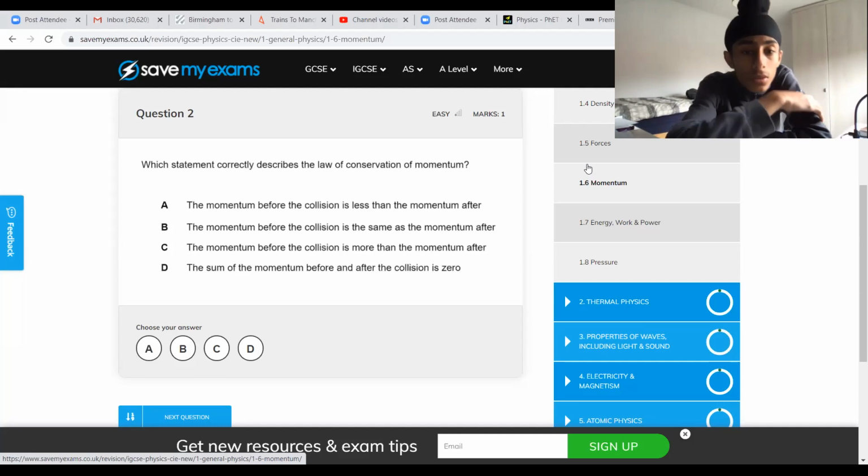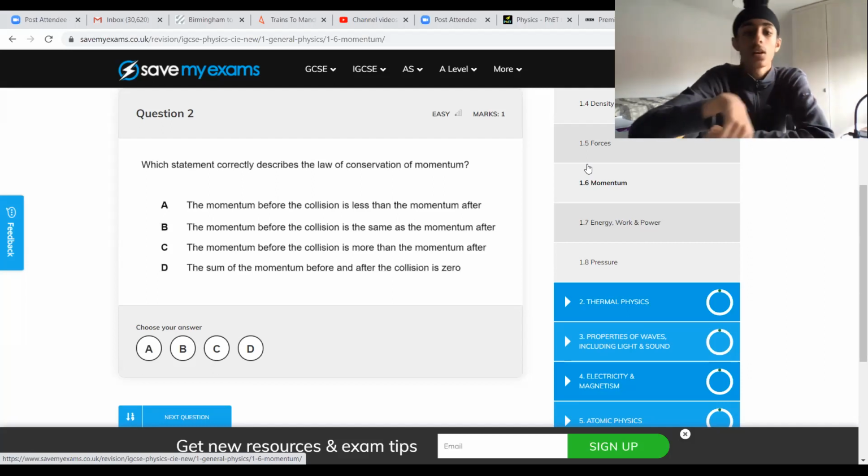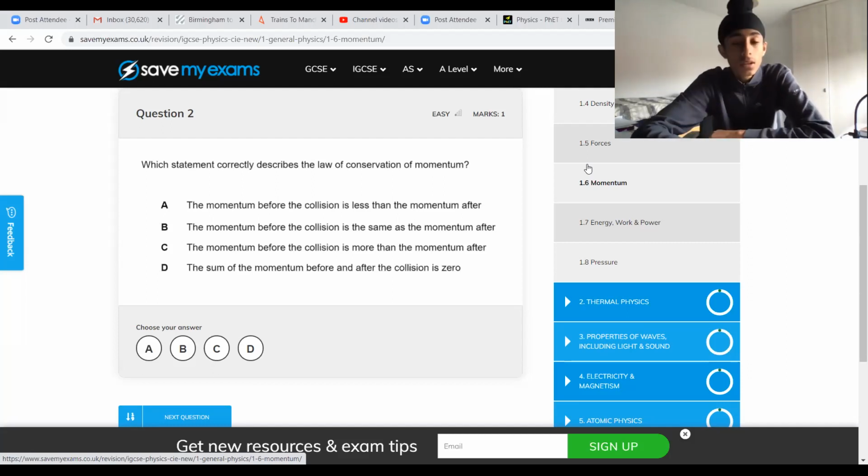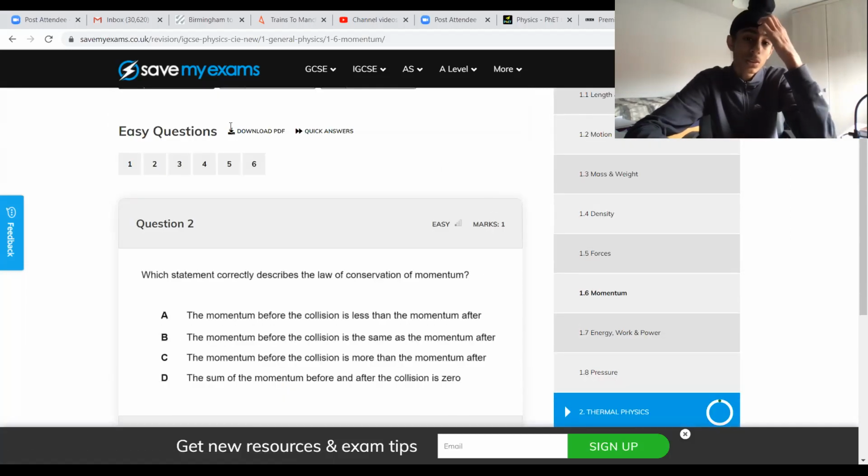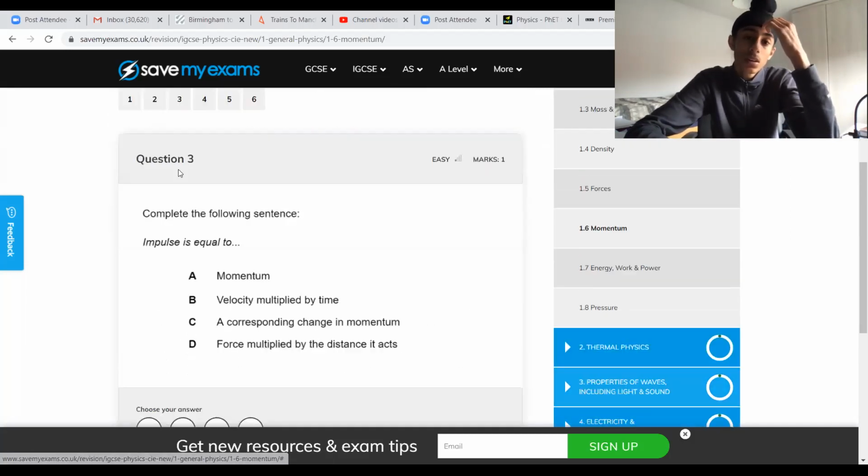Remember the law of conservation of momentum. If you remember what I said about it, the momentum before an event or collision is always equal to the momentum after an event. That is why, when we were doing our calculations, we were finding the total momentum before and then making that equal to the momentum after as well. Okay, I remember. You get it? Okay.